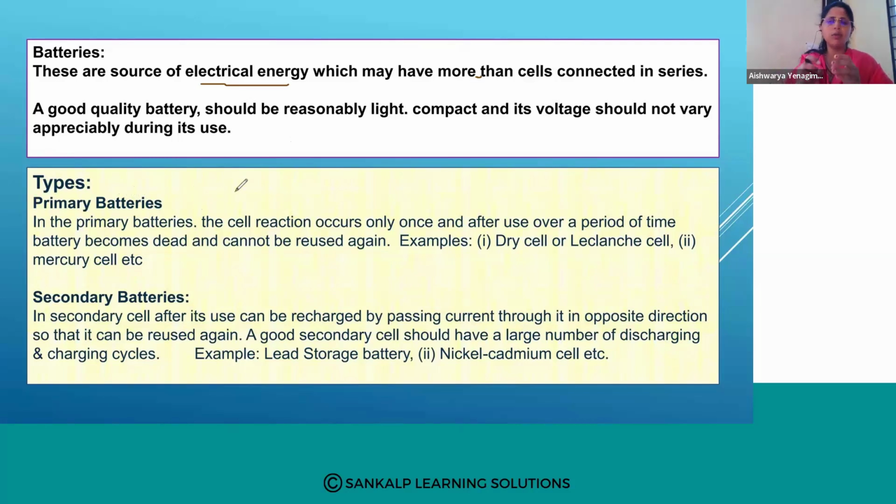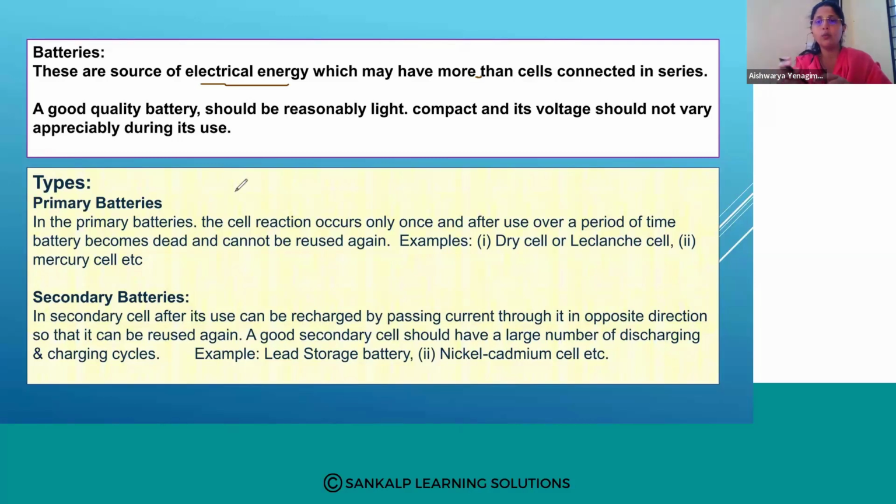You use small batteries in toys, or the batteries you fix in a car. But nowadays rechargeable car toys are available; I'm not speaking about that, which comes under secondary batteries.